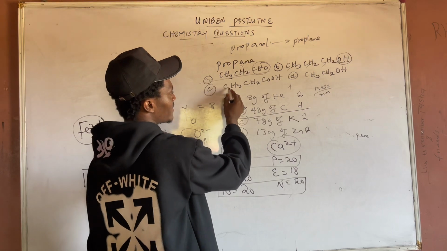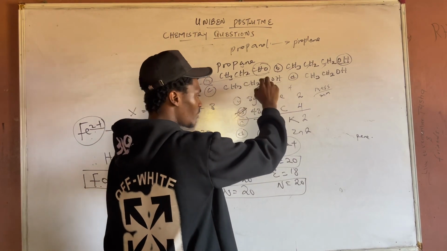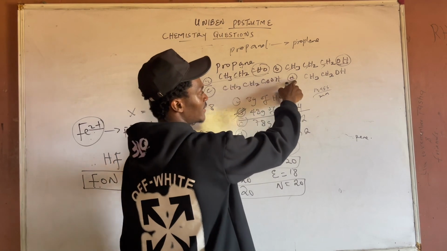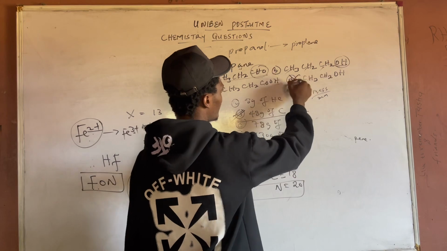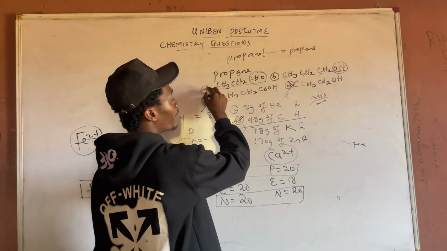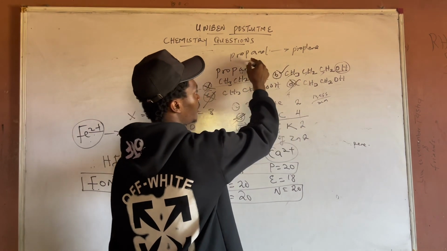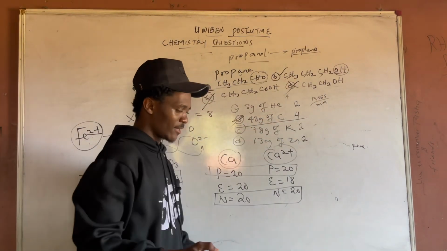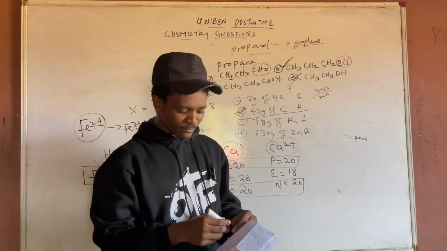Then this one is 1, 2, 3, this is propanoic acid because it ended with COOH. Then this one is 1, 2, which is ethanol. So propanal is wrong, propanoic acid is wrong, ethanol is also wrong, while this one is propanol. So propanol will yield propene. All right, so the correct option is actually option B.